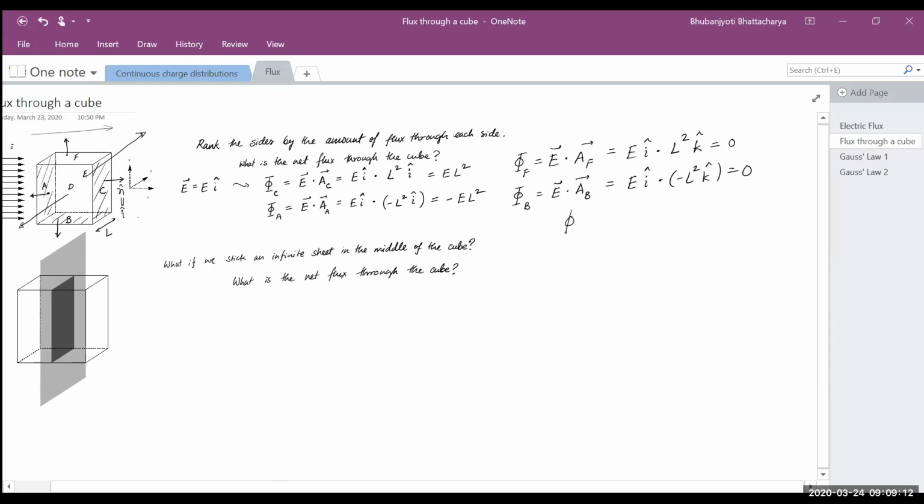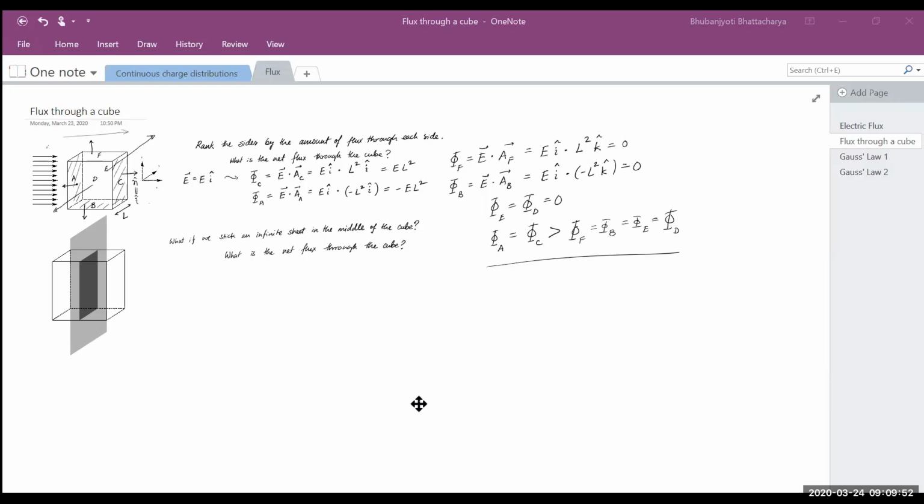So the fluxes for E and D will also be equal to 0. So if I wanted to do this ranking task, we will say phi A is equal to phi C, these are the largest. And then everything else is the same: phi F is equal to phi B is equal to phi E is equal to phi D.